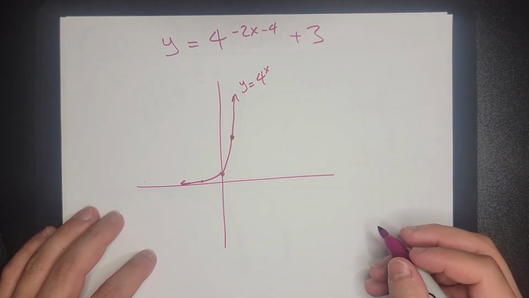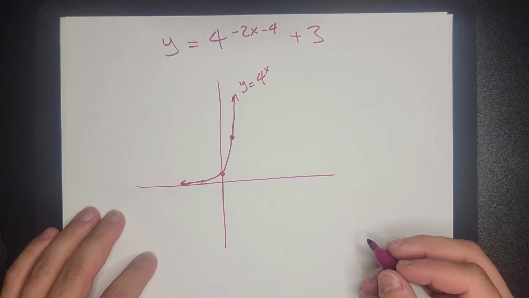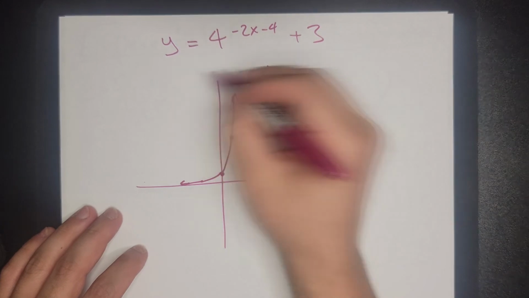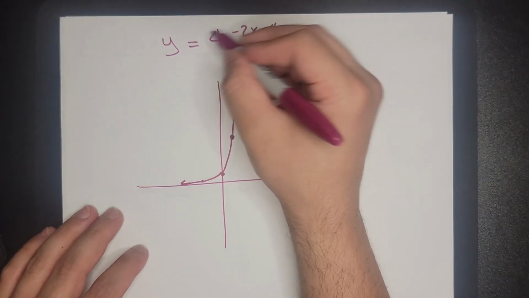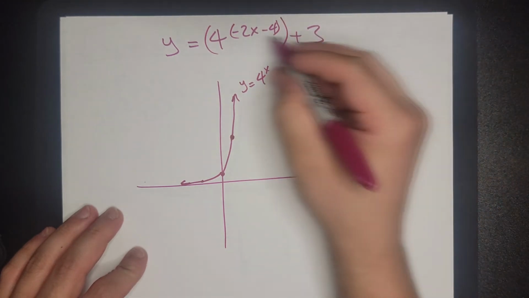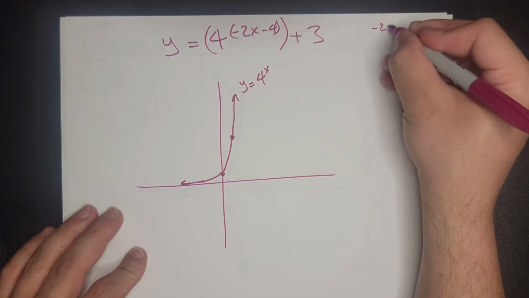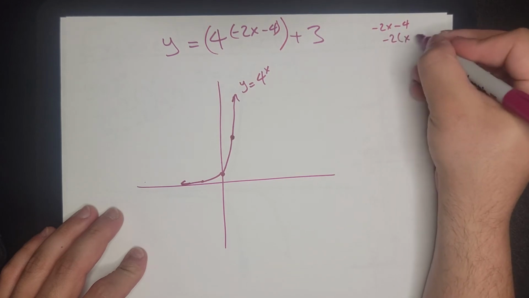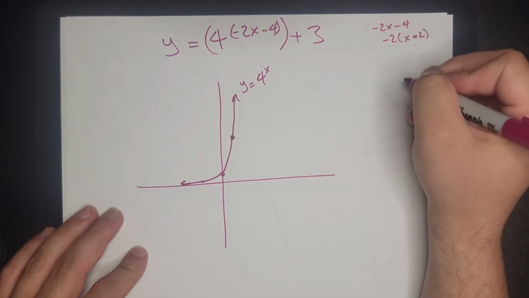Y equals 4 to the x. But first let me rearrange this formula. That 2x, I can actually factor out the 2 and be left with x plus 2.